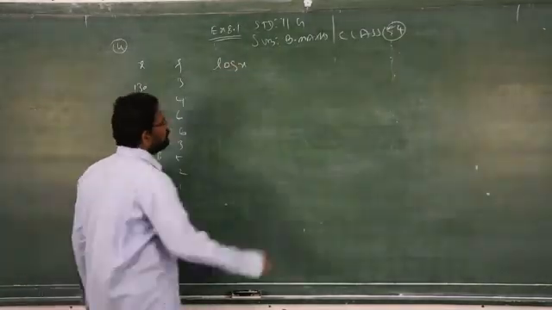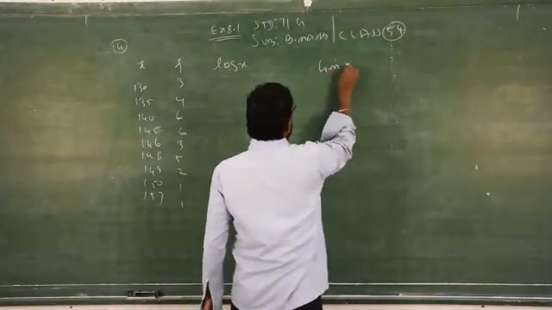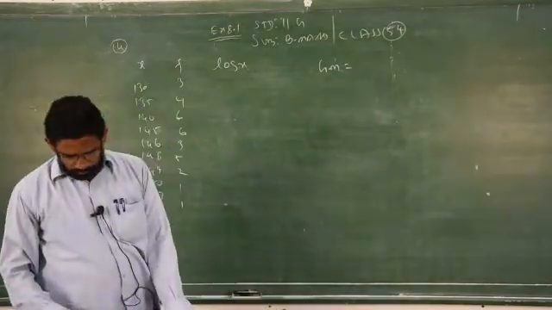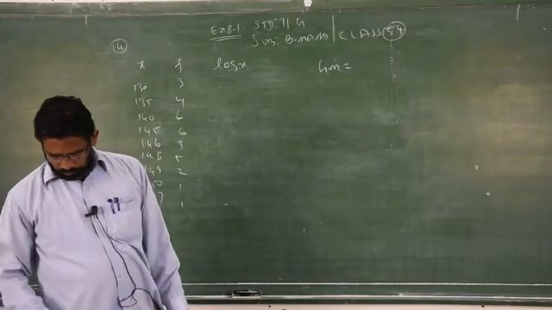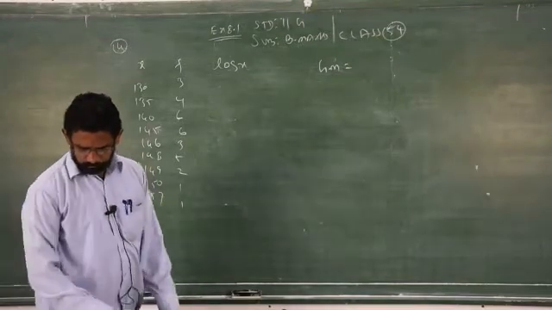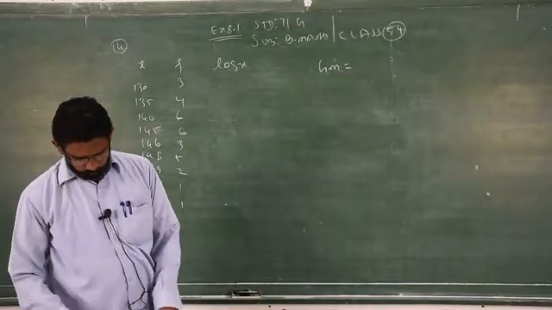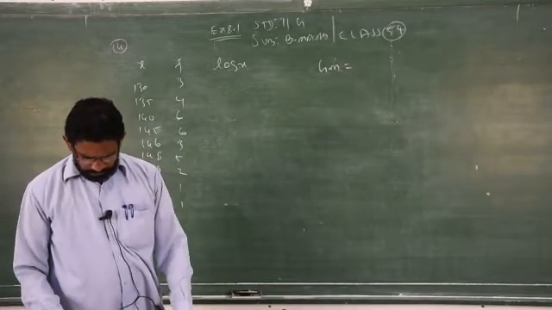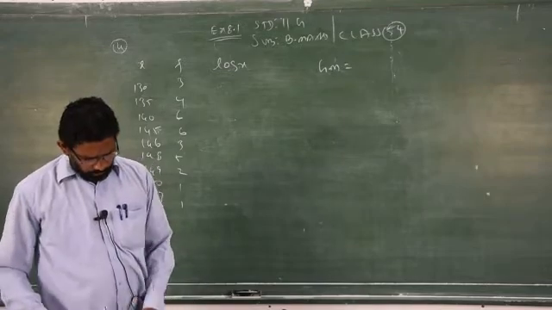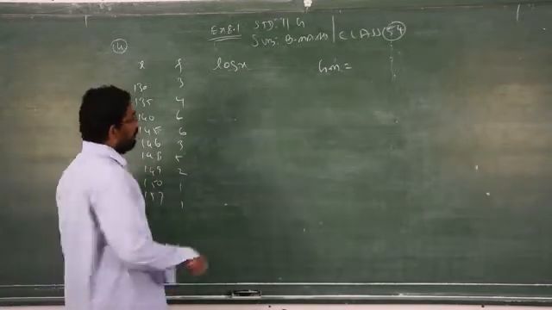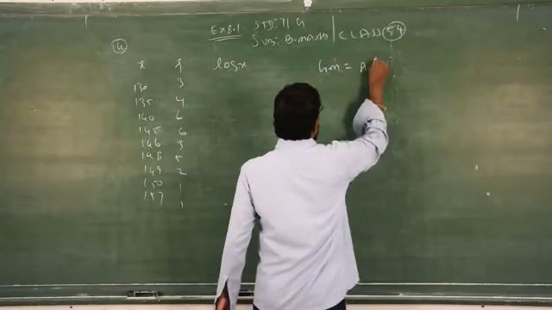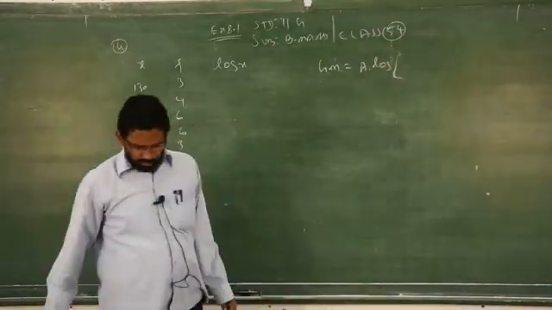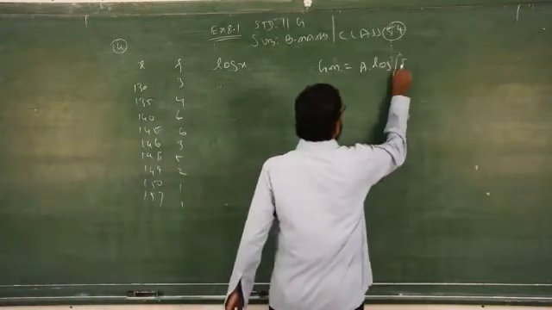What is the formula to find the geometric mean? There is a formula with raw data. You have to write GM equals the anti-log of summation log x by n.